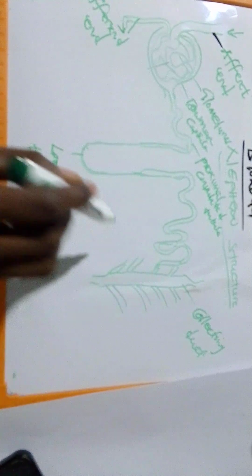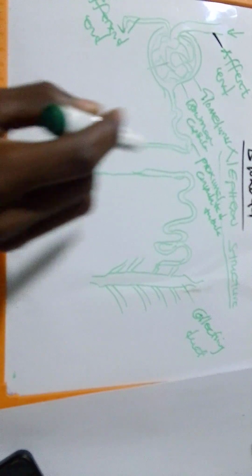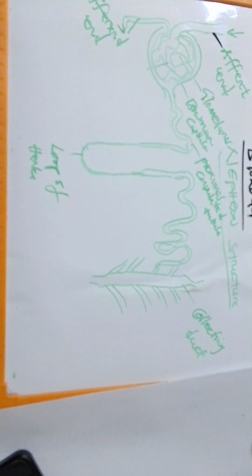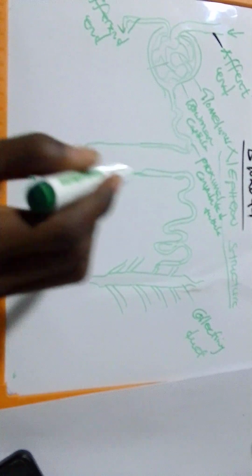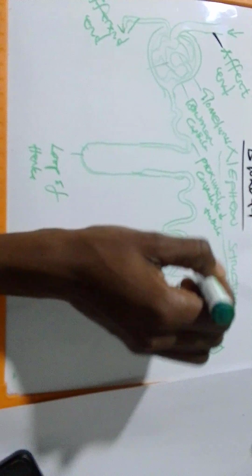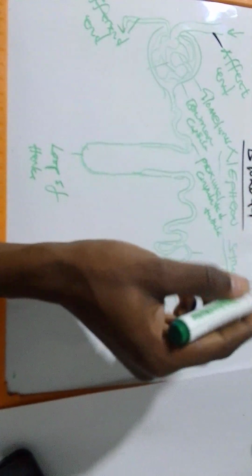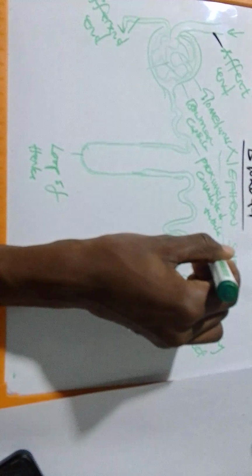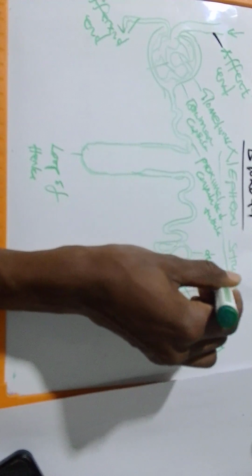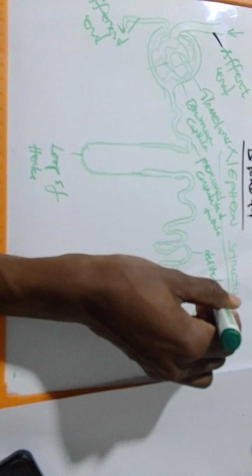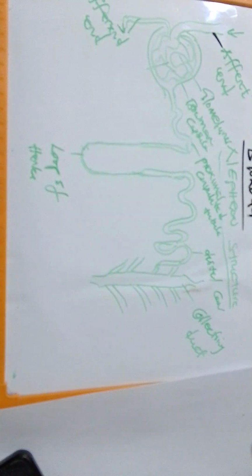This means the collecting duct collects different substances from different nephrons. A nephron is the basic structure of a kidney. After the proximal convoluted tubule, we also have the distal convoluted tubule. We'll keep labeling it as I explain what happens.